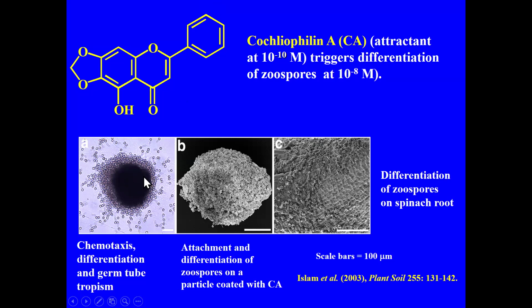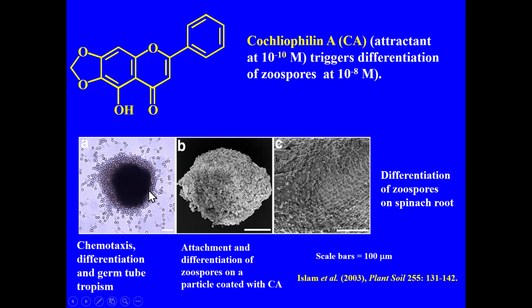Here you can see the porous inert particle coated with this compound. When we place it into the zoospore suspension, you can see all the spores aggregated around the particle. This particle is actually inactive. But when we coated it with cochliophilin A, as we named it, it showed chemotaxis like on the surface of root.